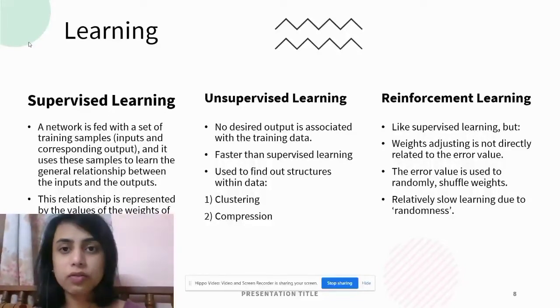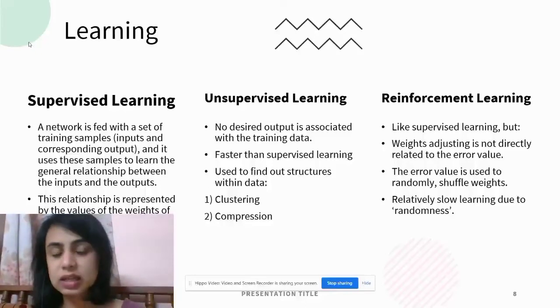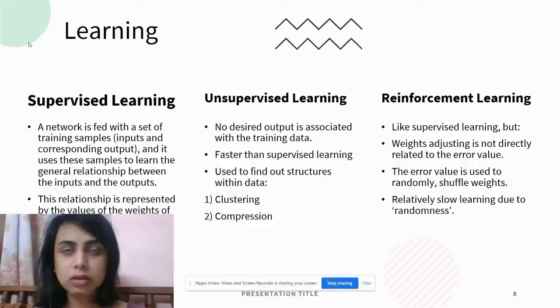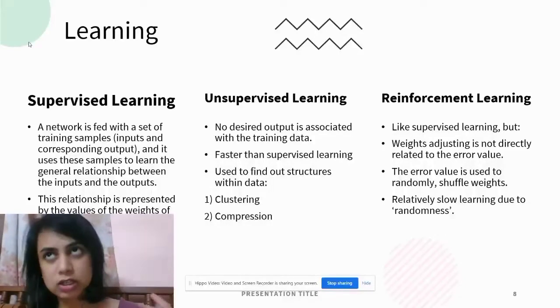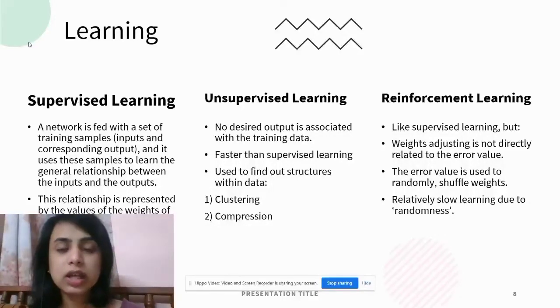For the reinforcement learning part, it is basically like supervised learning and has a weight adjusting system too, but it is not direct. It is based on a reward related system corresponding to an error value. The error value is used to randomly shuffle the weights to focus on a long-term reward system.